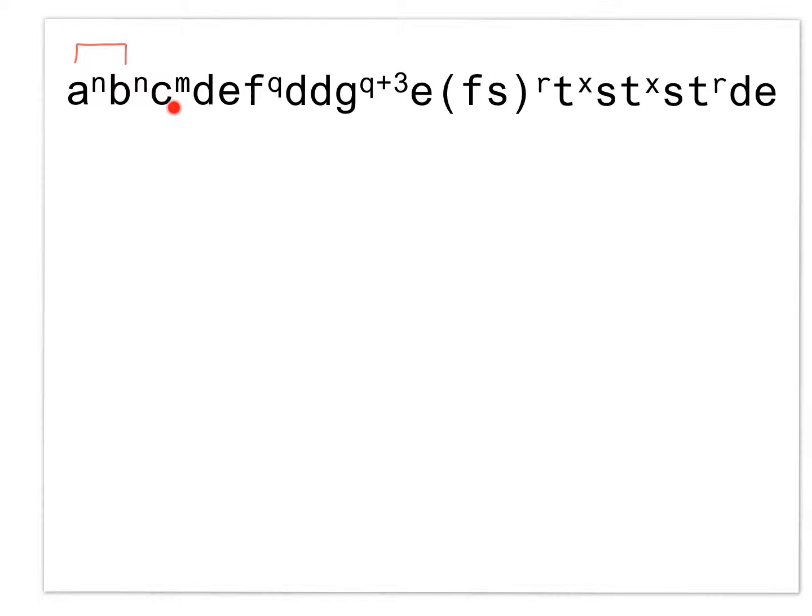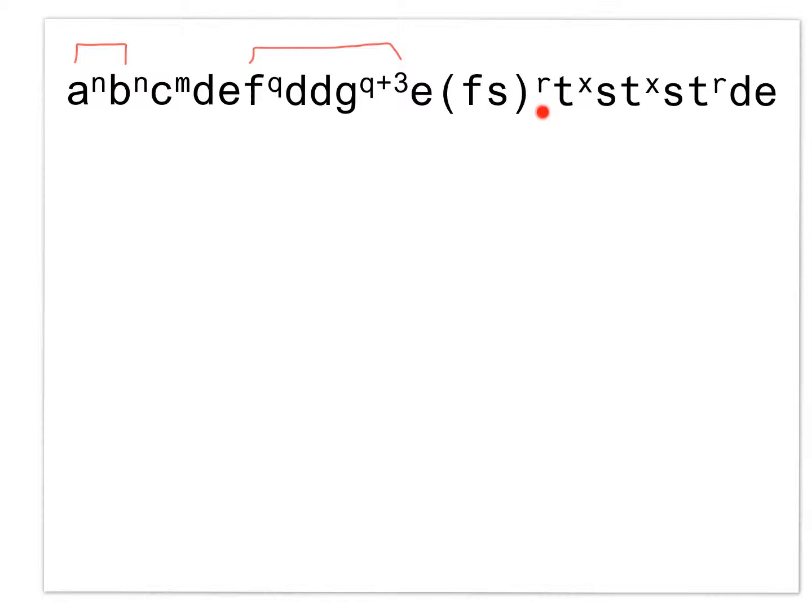If you look at the next one, C to the M, that's kind of on its own. There's nothing else with an exponent that has the letter M. Here's an F to the Q and the G to the Q plus 3, so those need to be together. What other exponents do we have here?